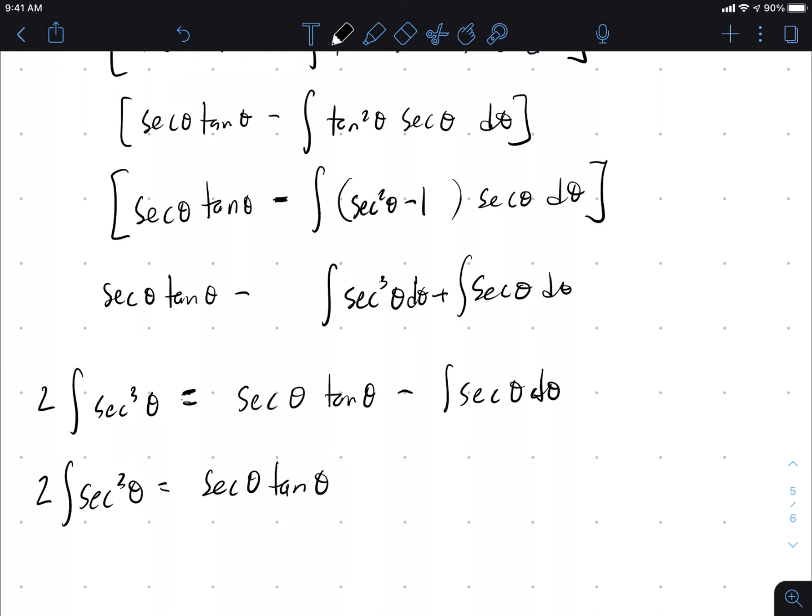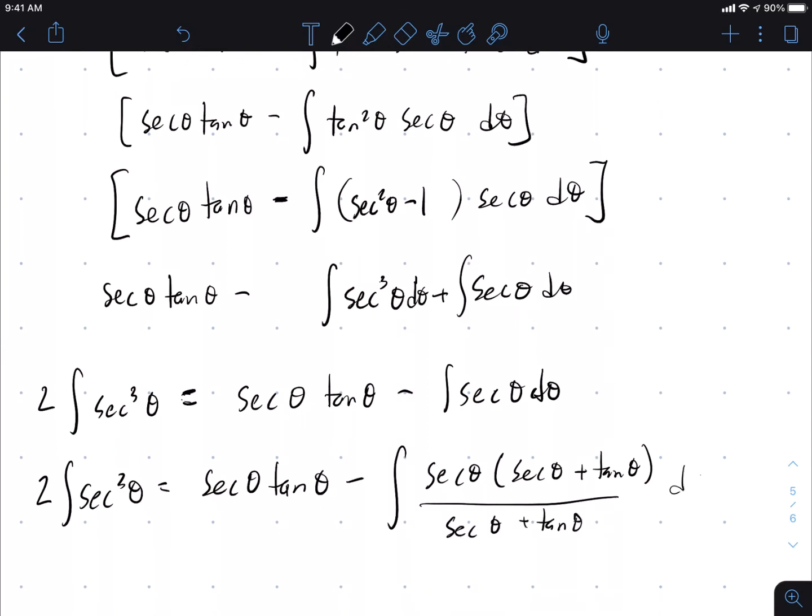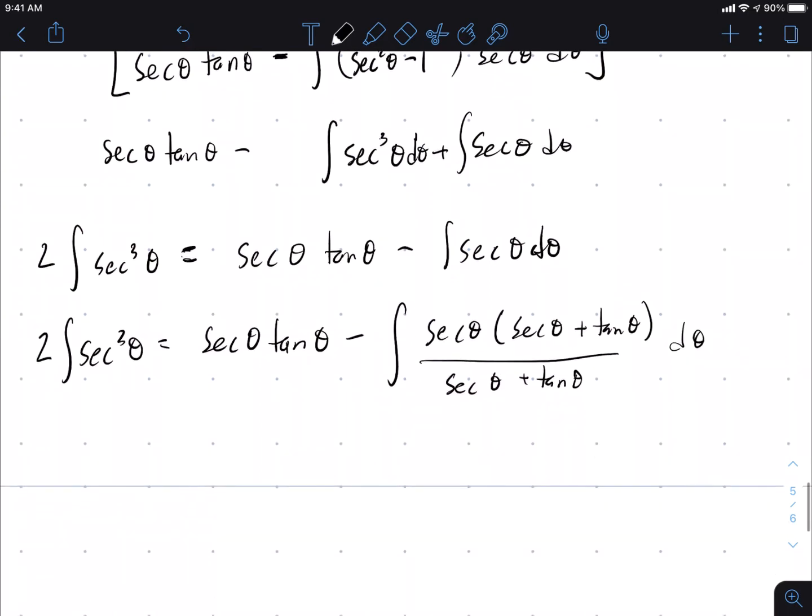I'll do it so you can see it. To do the integral of this, I'm going to go secant theta times secant theta plus tangent theta over secant theta plus tangent theta d theta. What's the step for this problem?